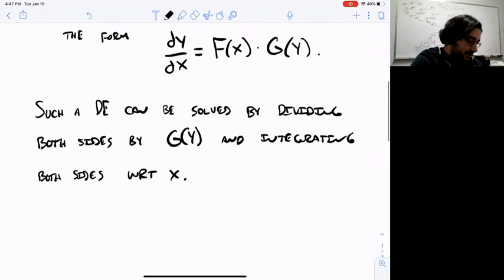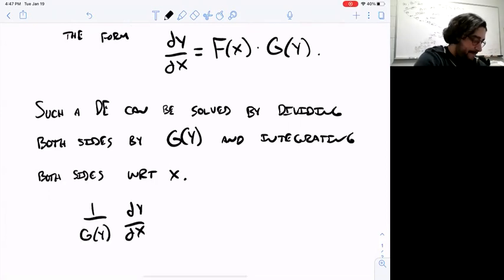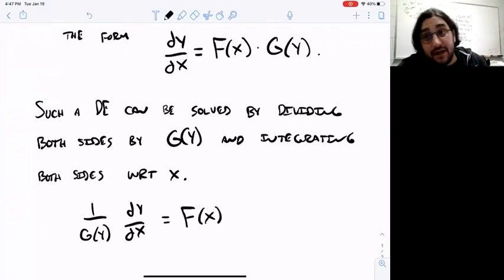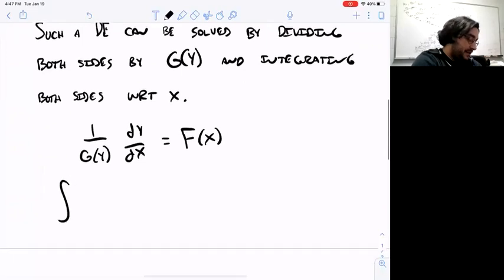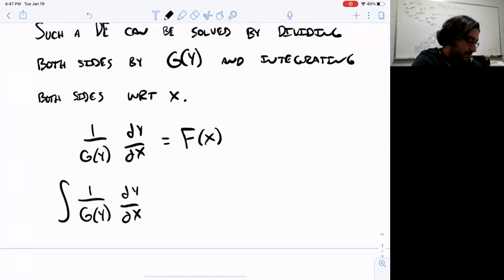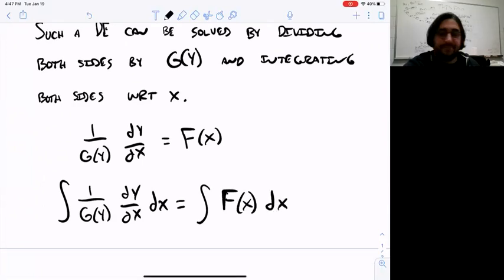So specifically, all you're doing is dividing off the g of y. You have 1 over g of y times dy/dx equals f of x, and then just integrate both sides with respect to x. So you have the integral of 1 over g of y, dy/dx, integrating that with respect to x, and then also integrating the right-hand side with respect to x.